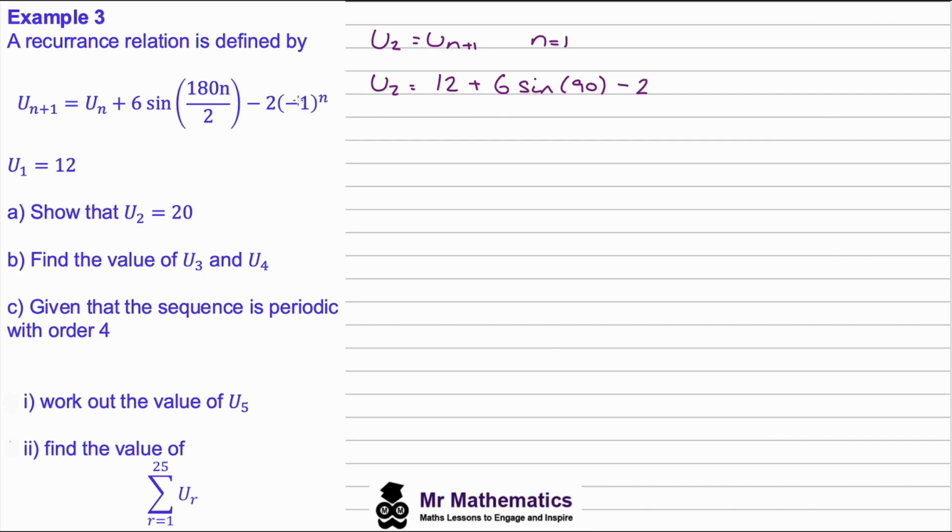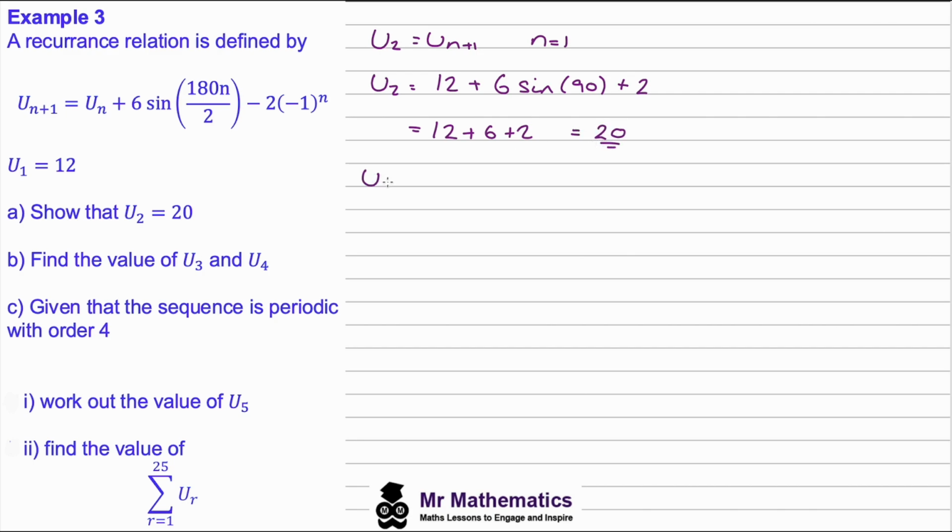And the negative times the negative will give us a positive 2. The sine of 90 is positive 1. So U2 will be 12 plus 6 plus 2. And this works out as 20.